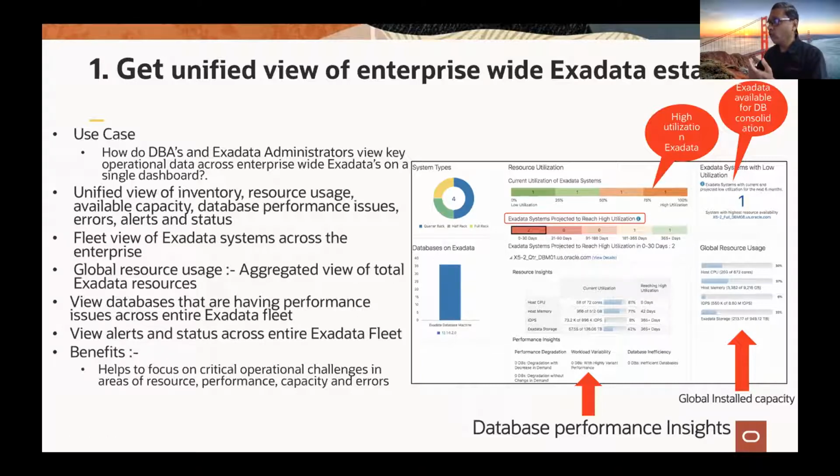And it will, out of the box, tell you which are the highly utilized Exadatas, and at the same time it also answers the question of which Exadatas are available for database consolidation, because currently they are lowly utilized. So what's the benefit of doing this? It actually helps us with the operational challenges in the areas of resource performance, capacity, and errors, because whenever you log in, you get this information in an automated fashion.